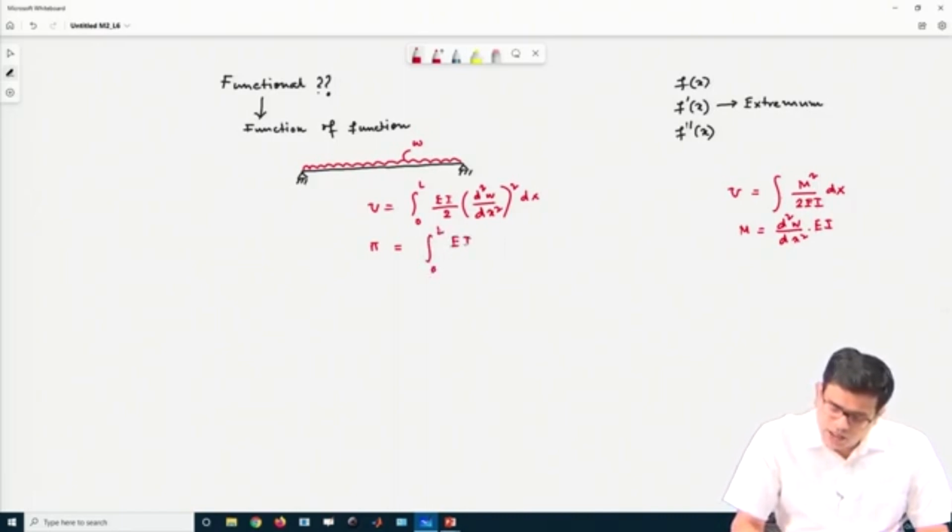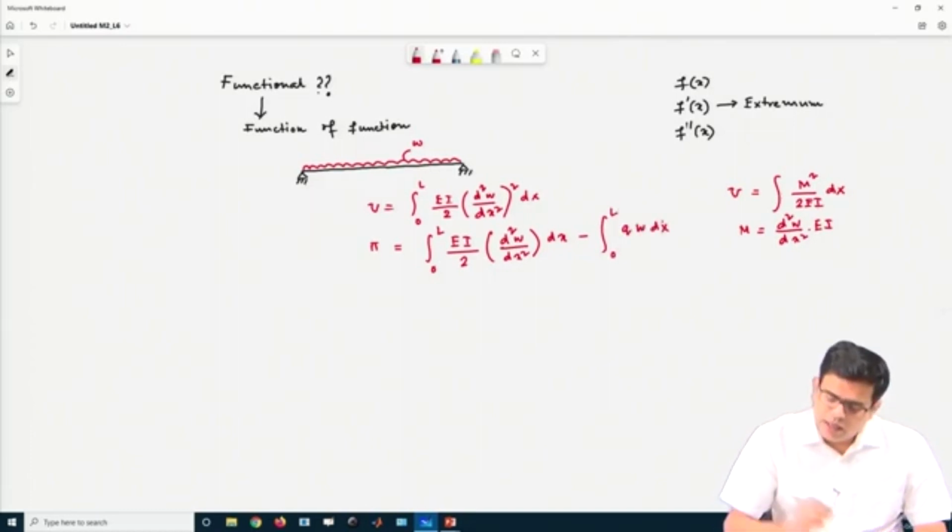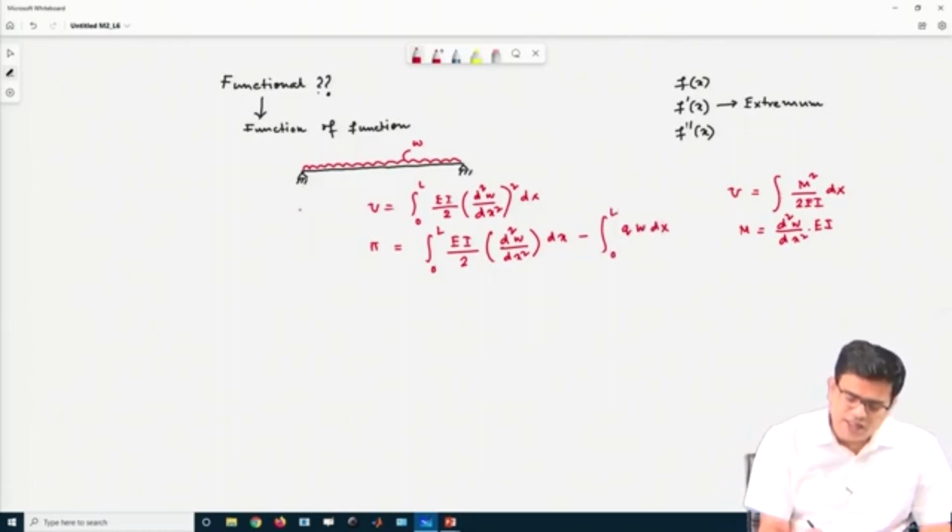Here the external work done is by the UDL acting on this beam downwards, and that is essentially the integral from 0 to L of q into w dx. w is the vertical displacement, this is the x axis, this is the y axis. We can take the displacement downwards as positive.